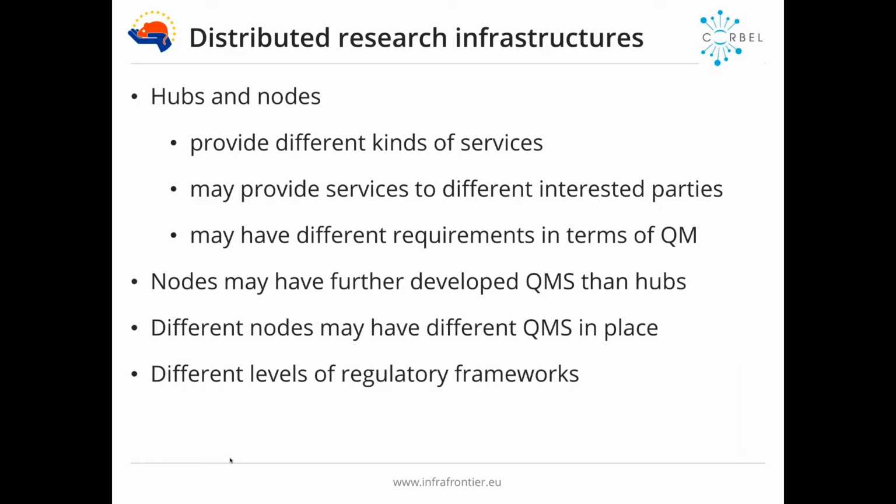The same is true for the national nodes. They may cater to different user communities or have different services, depending on their specialization and their role in your organization. So hubs and nodes may have different requirements in terms of quality management.